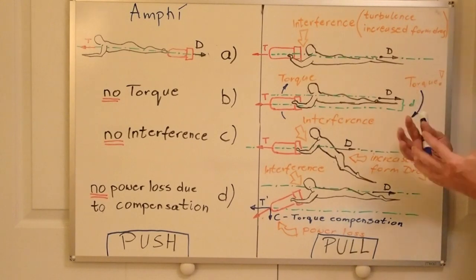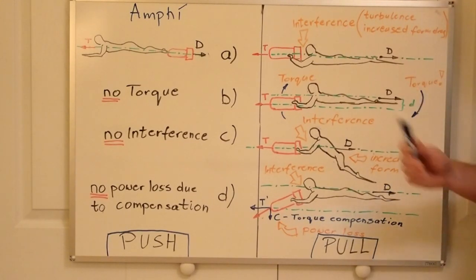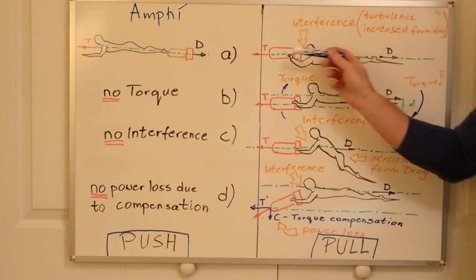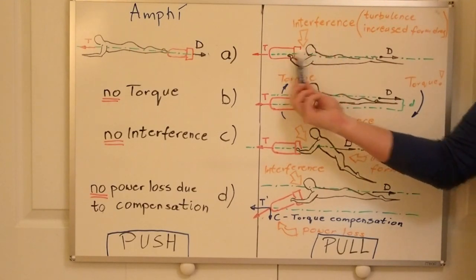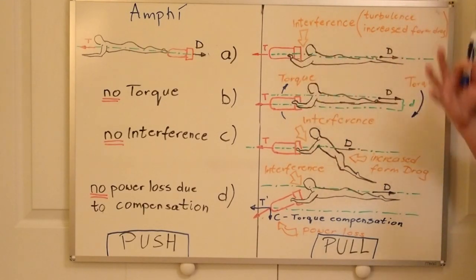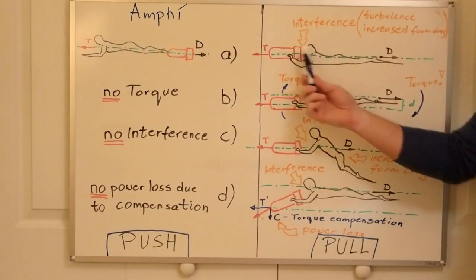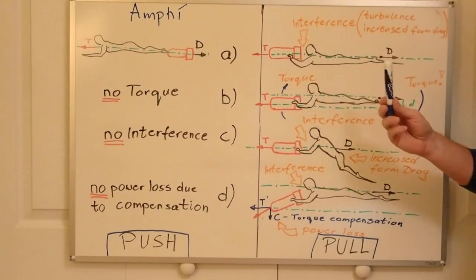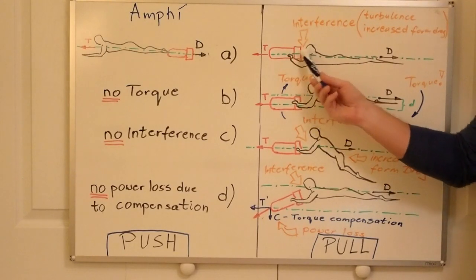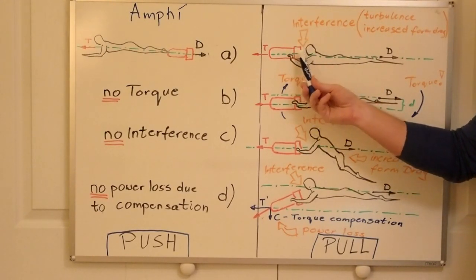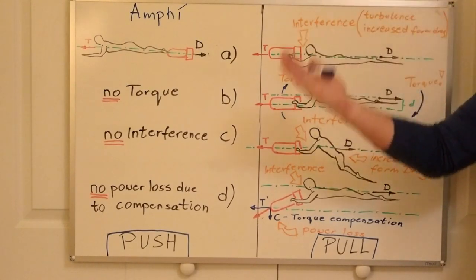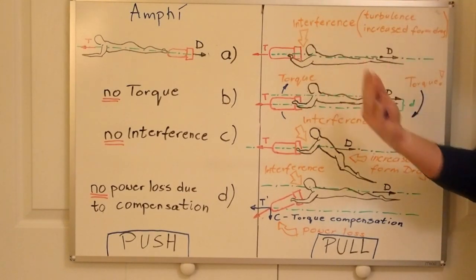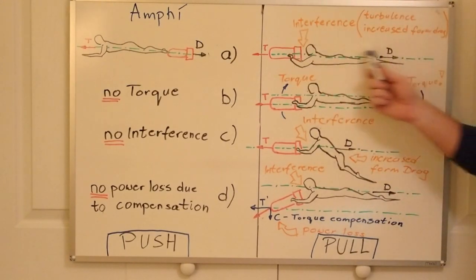So the higher the velocity, the higher the drag. So even though the swimmer is moving relatively slowly, the water is washing the swimmer with high velocity, which comes from the propeller. So we have two negative phenomena going on. One is interference, turbulence, and another one is increased velocity, which is not really adding to the swimmer's velocity, it is just increasing the drag factor here.